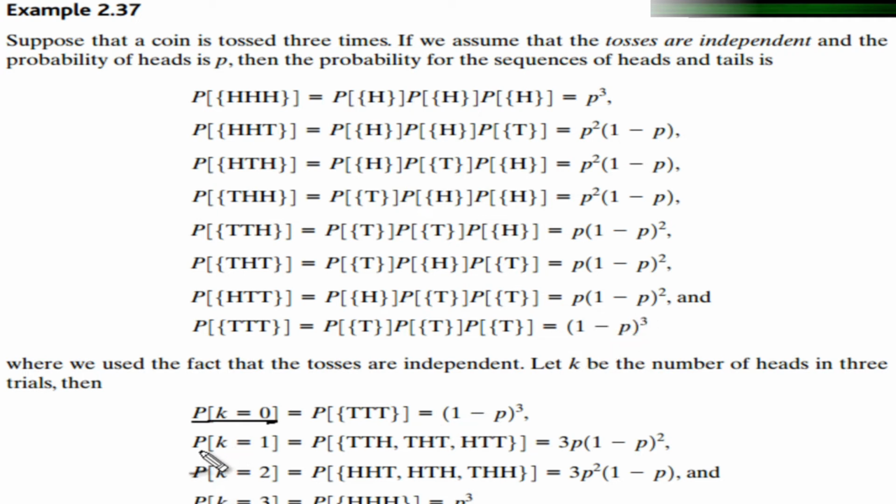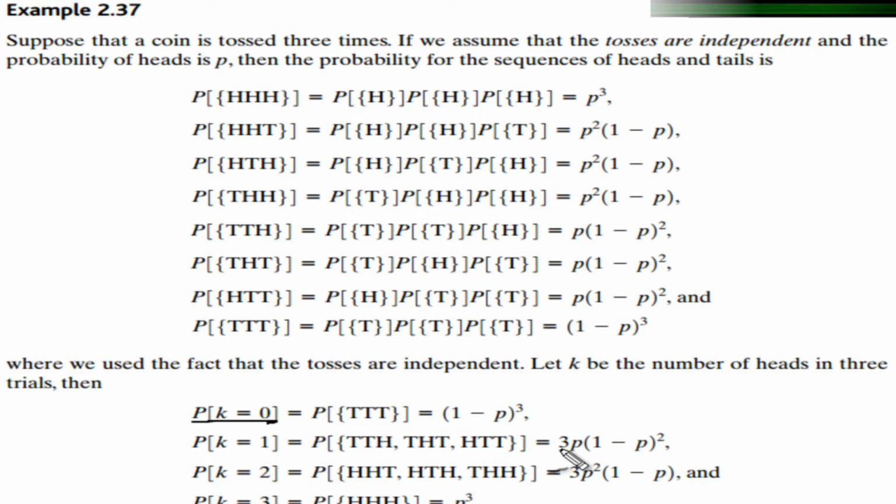Suppose you want to find the total probability in these 3 trials of getting only 1 success. That would be the probability of tail, head, tail, plus the probability of the other two sequences, each with one head.